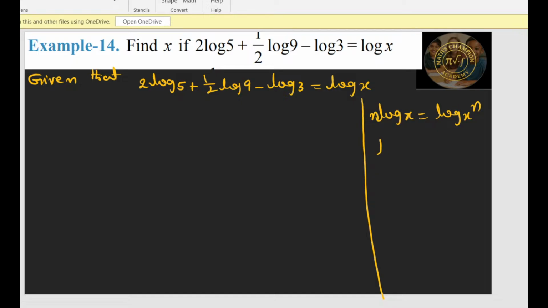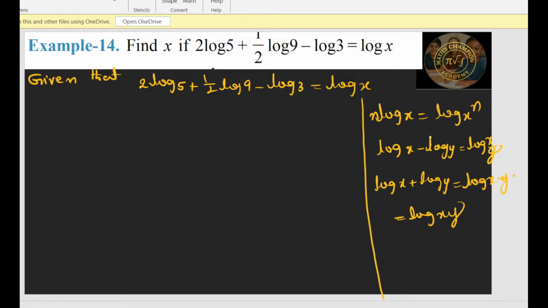Next, if log x minus log y is there, you have to write log x by y. Now, if log x plus log y is there, you have to use log of x into y. Whichever formula is there, that formula only you are going to apply.